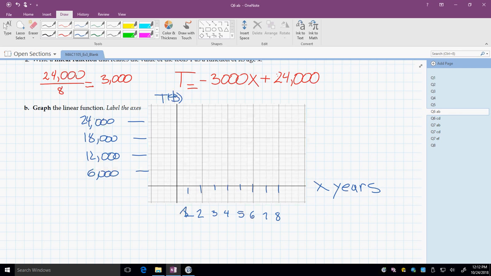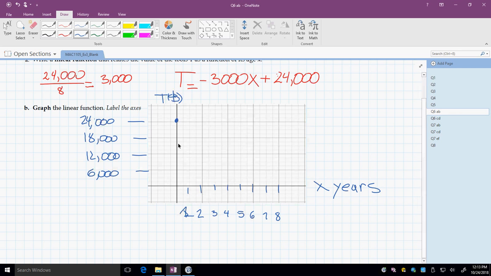$24,000 is going to be our y-intercept because right there is how much we pay for those tools, and it's going to be depreciating $3,000 per year. So our slope is going to be negative, it's decreasing the original price, the value of our tools.